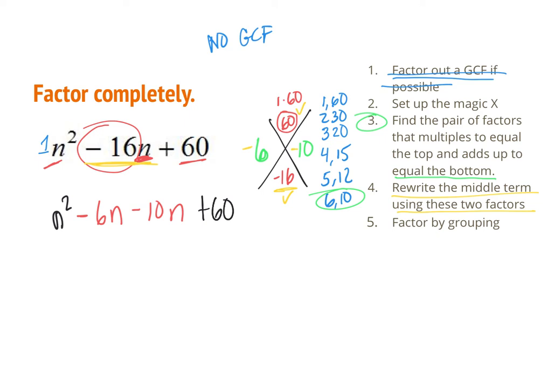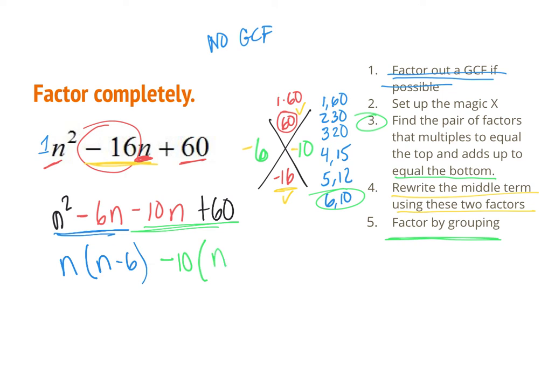So now I'm going to do my last step, which is factor by grouping. I'm going to take the very first two terms and find the GCF. It would be n. So n minus 6 is left. Then I'm going to take the last two terms, and I'm going to take out a negative 10. The reason I'm taking out a negative 10 is because what I have left over is going to give me n minus 6, because 60 divided by negative 10 gives me negative 6.